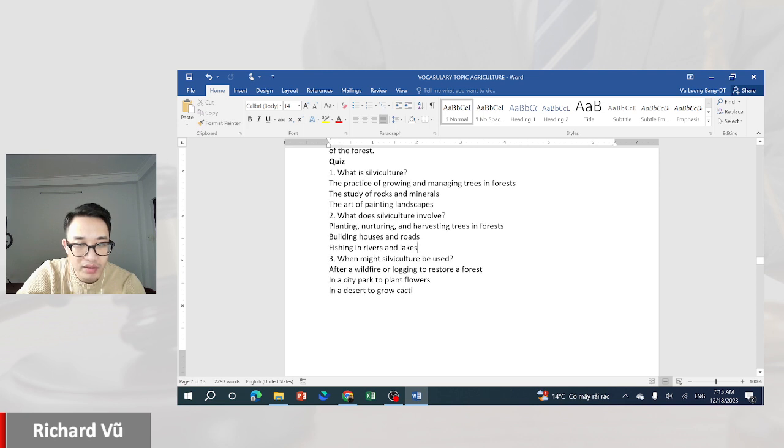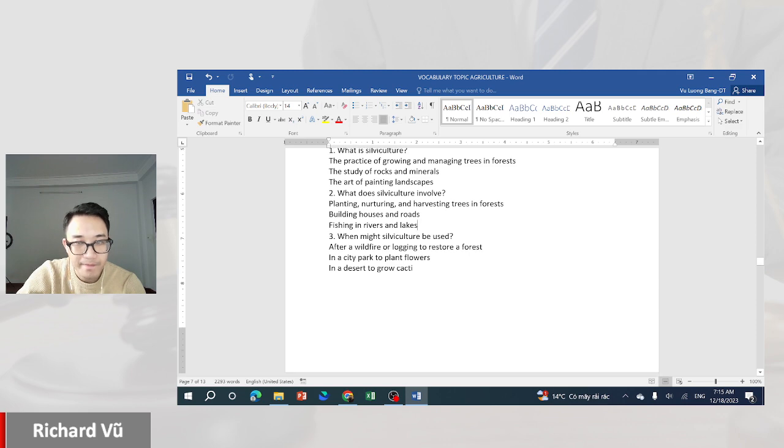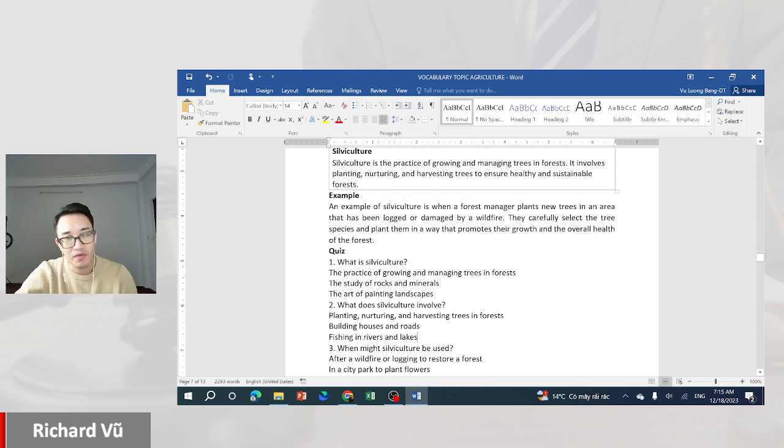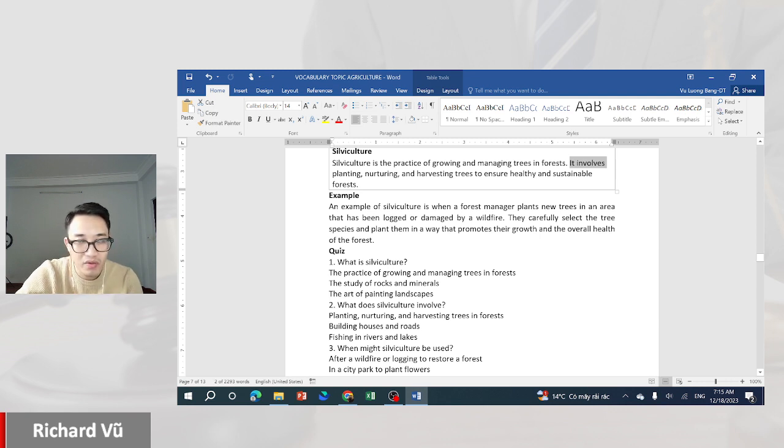The correct answer is: silviculture involves planting, nurturing, and harvesting trees in forests. We have evidence for this option here. It involves planting, nurturing, and harvesting trees to ensure healthy and sustainable forests.